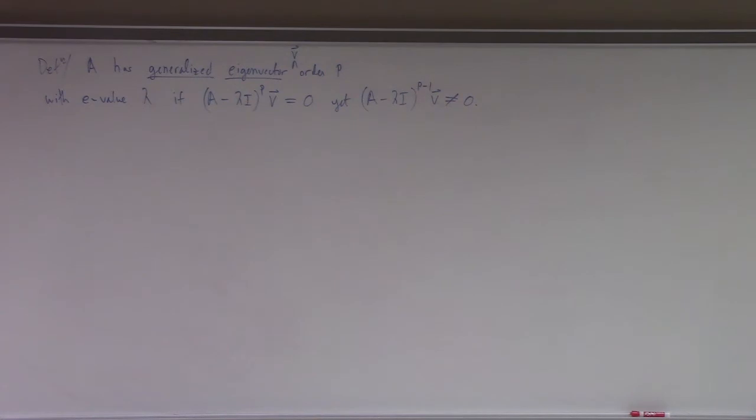So this is a generalized eigenvector of order P. So for example, if we put P equals 1, what does it give us?